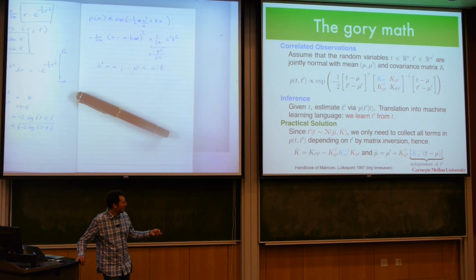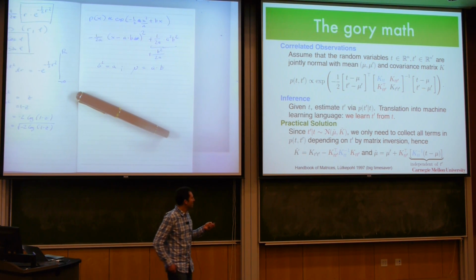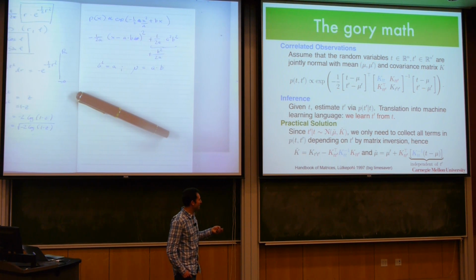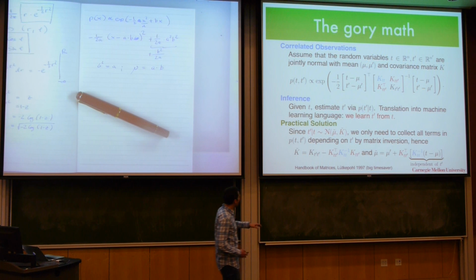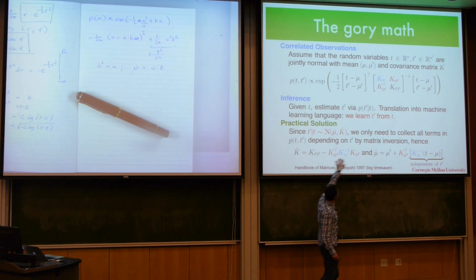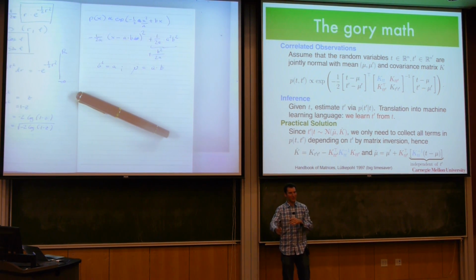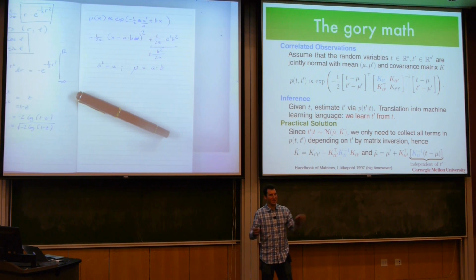Now, why do I care? This is the kind of stuff that you should remember, at least where to look it up. So first of all, this thing here is a covariance matrix. Why is it a covariance matrix? Well, we had a Gaussian before. We know that, conditioned on one variable, the rest is still a Gaussian.